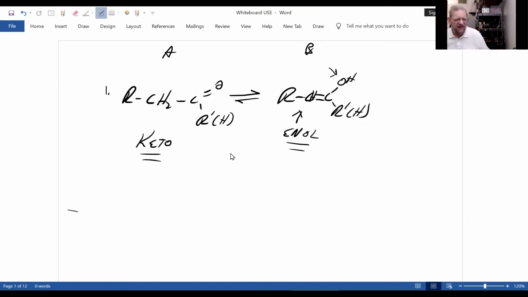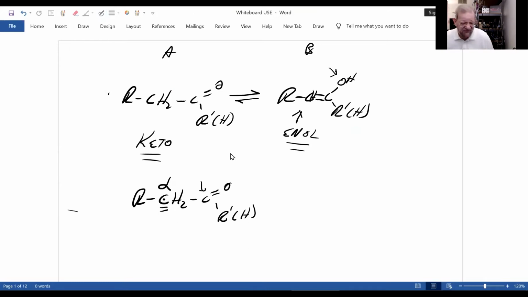Now, if we look at writing a ketone or aldehyde this way, here's your carbonyl carbon. The carbon attached to it, this one, is called the alpha carbon. Next one is beta and so on. But for us, we only have to look at the alpha carbon.